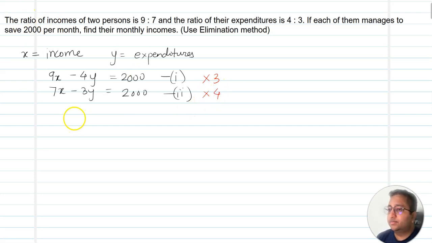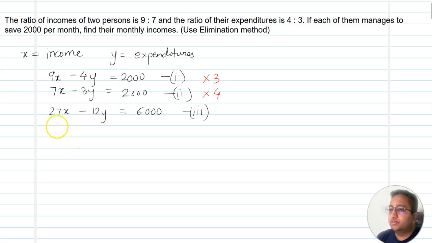If I do that, I will get two new equations as 9 into 3, which is 27x, minus 4 into 3, that is minus 12y, and this is equal to 2000 into 3, which is 6000. This is equation 3. Then I will multiply the second equation by 4.